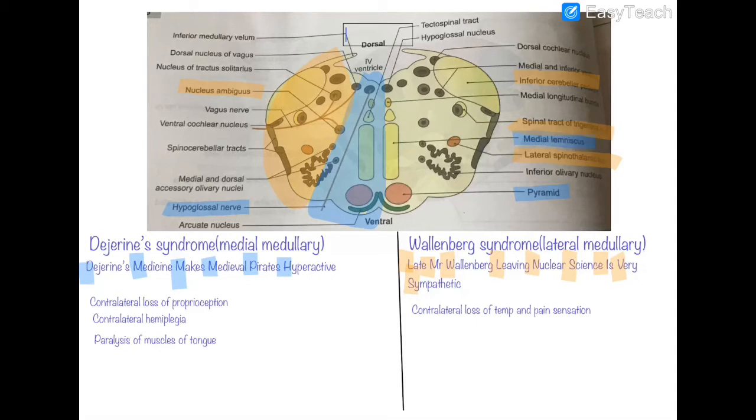If nucleus ambiguus is affected, there will be paralysis of muscles of the pharynx and tongue supplied by fibers from this nucleus. If the spinal tract of trigeminal nerve is affected, there will be ipsilateral loss of temperature and pain sensation because it carries the sensation of temperature and pain from the same side of the face.